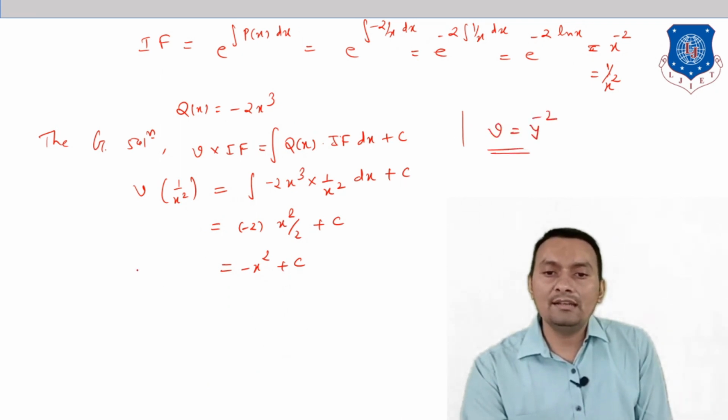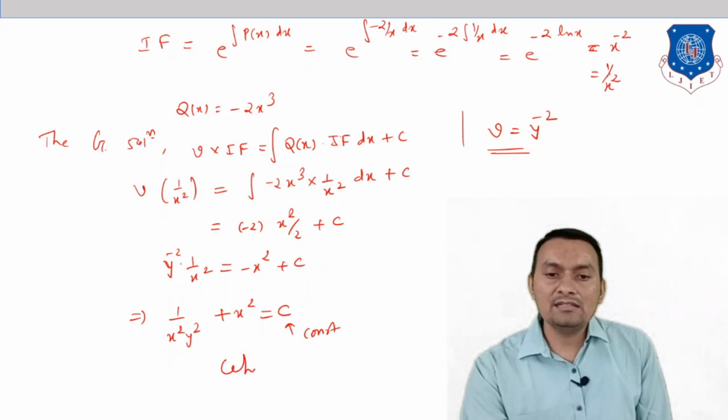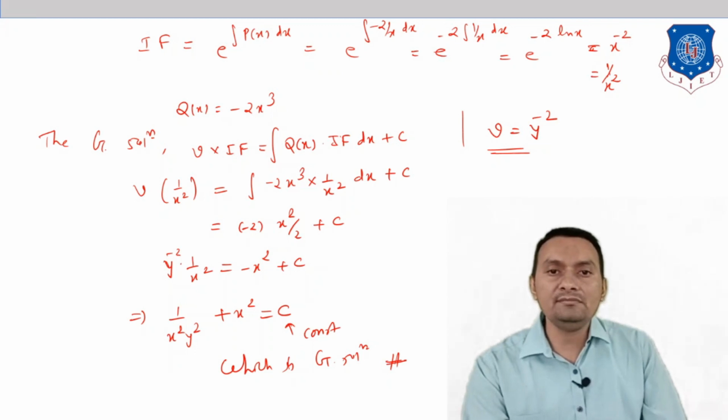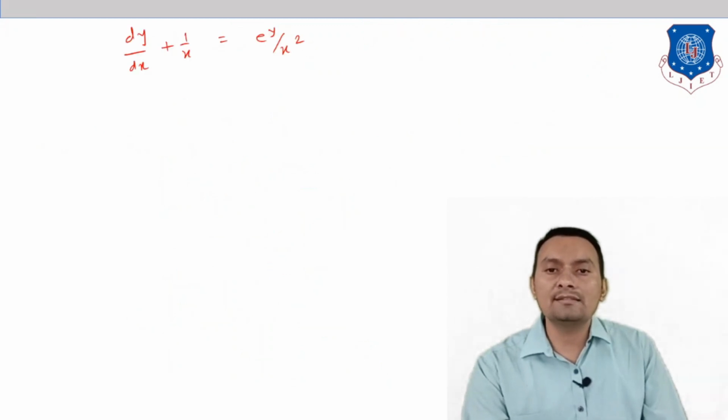So y raised to minus 2 into 1 divided by x square. So you can observe that 1 divided by x square y square plus x square is equal to c, where c is nothing but constant, and this is known as the general solution, and that is your final answer. Let us move on to the new question.